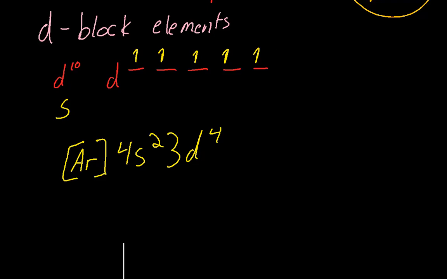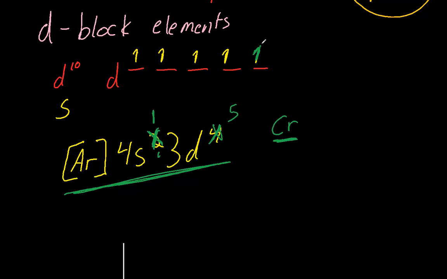This would be chromium. Now, this structure would never happen. Why? Because there will only be one electron here, and that second electron will go into the d orbital, making this 5. So it basically fills this orbital.